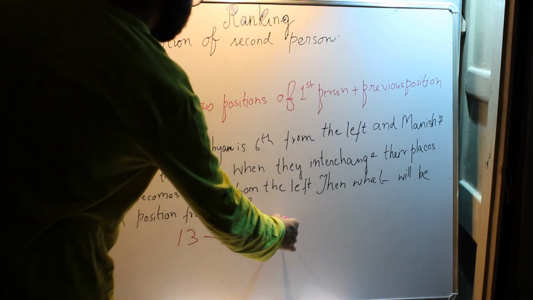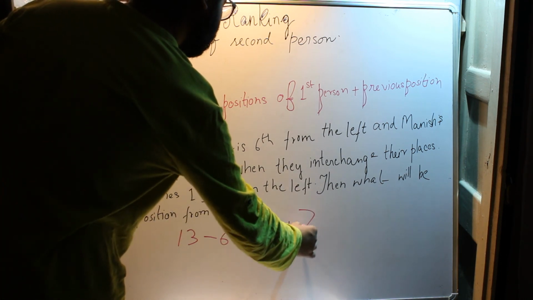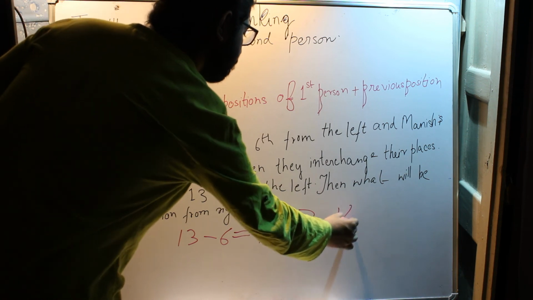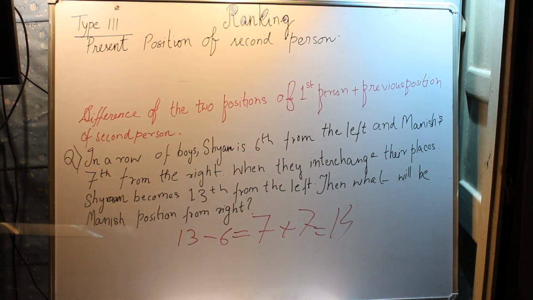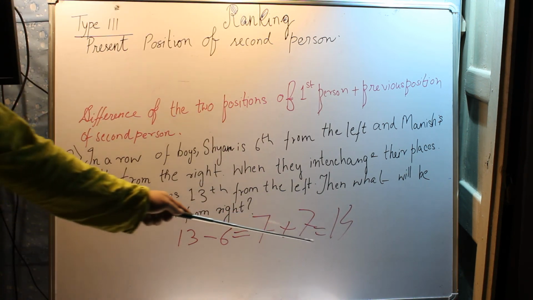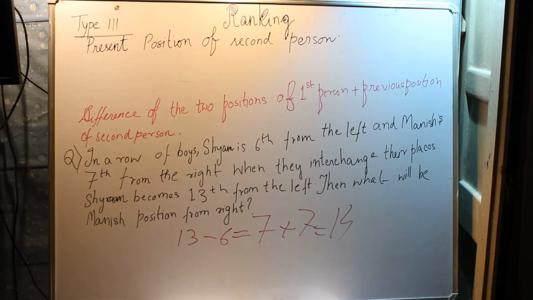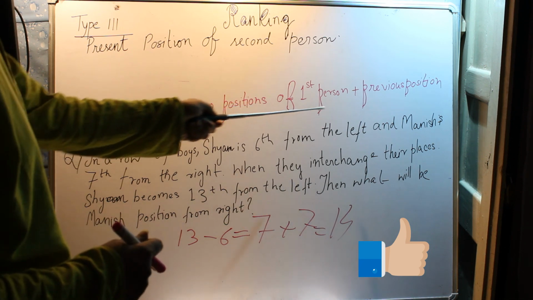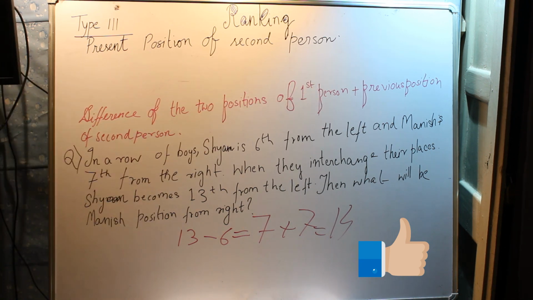So 7 plus 7, total is 14. Manish's position will be 14th from the right. Previously it was 7th from the right, now it is 14th from the right. The formula we used is the difference of the two positions of the first person plus previous position of the second person.